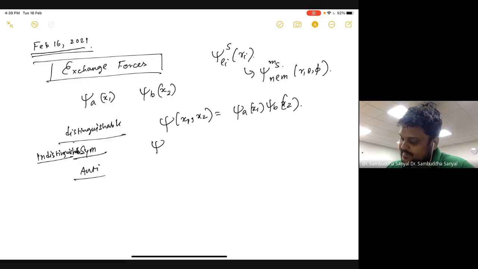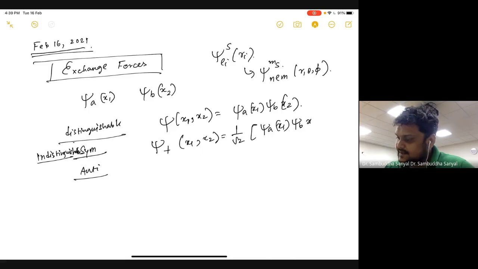The symmetric one I write as psi of x1 x2 equals 1 by root 2 times psi a x1 psi b x2 plus psi b x1 psi a x2. And the anti-symmetric case will be simply the same with a minus sign.